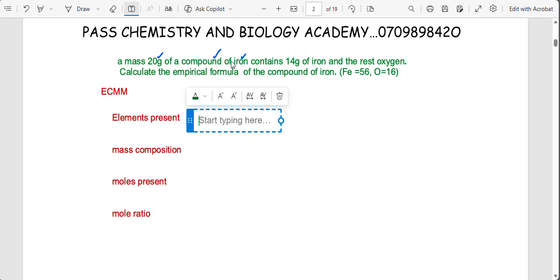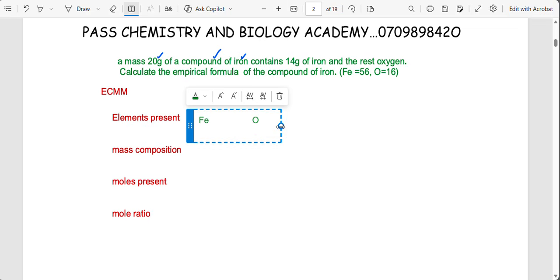So we start answering our question step by step. What is our question telling us? So step 1, we said we first analyze the elements present. Here they said a mass of 20 grams of a compound of iron. The compound of iron contains 14 grams of iron and the rest oxygen.